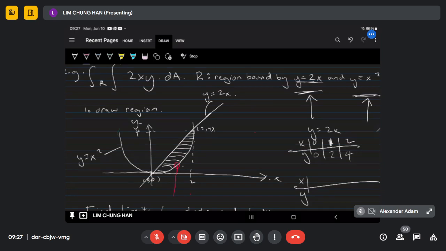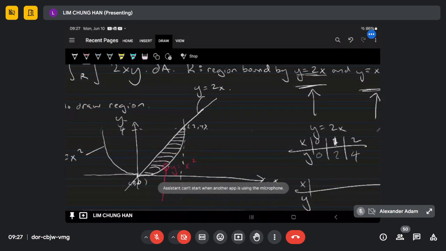What do we hit first? It's the parabola, y equals x squared, right? And if I keep going, what do I hit next? y equals 2x, and you go up. And this is dy.